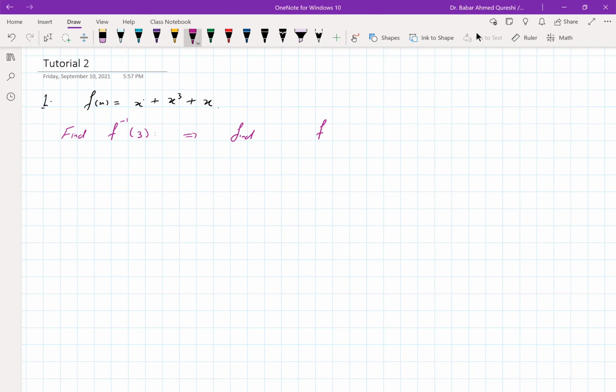Sorry, f composition f inverse is identity. You have to find this. So this is some number, let's say x naught.